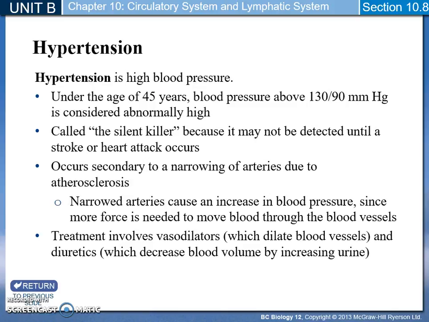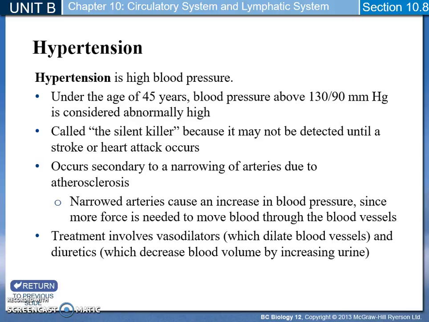So hypertension, this is just another word for high blood pressure. Under the age of 45, blood pressure above 130/90 is generally considered somewhat high. It's also referred to as the silent killer, because it may not be detected until an actual stroke or heart attack occurs.